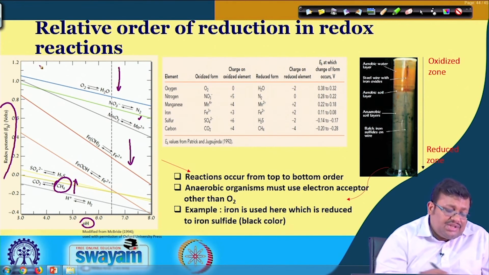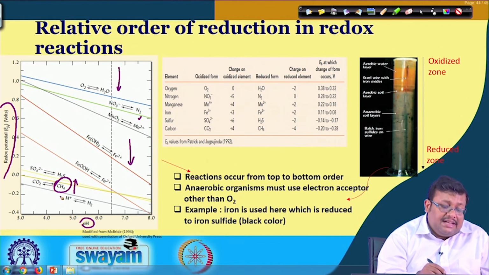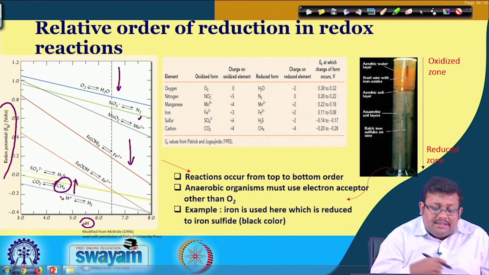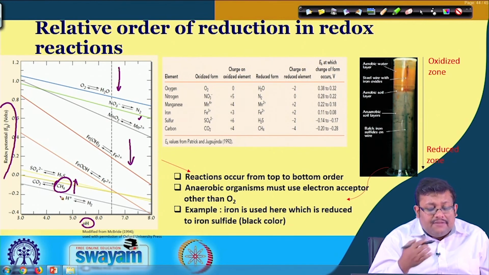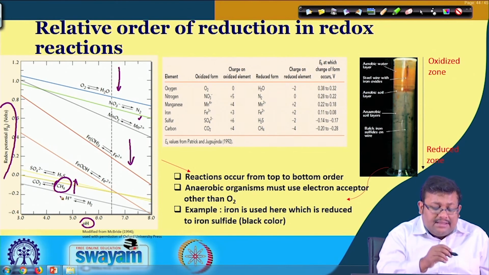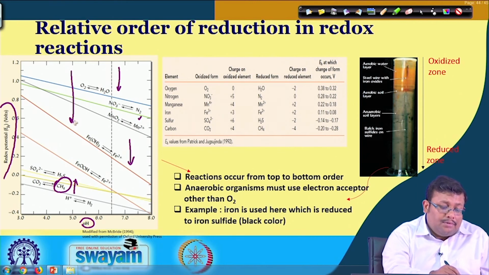So, this chart or graph basically shows us the order through which the different components of a soil will undergo reduction, and you remember that the reaction always occurs from top to bottom.